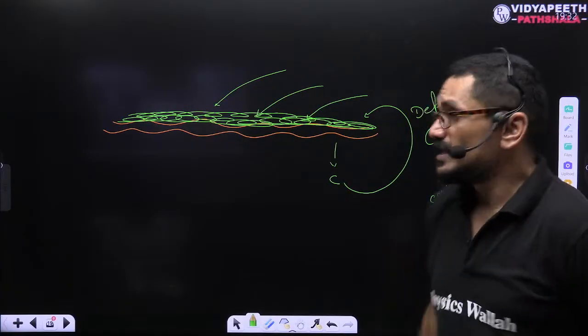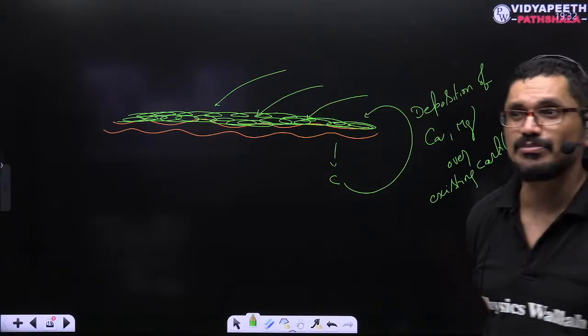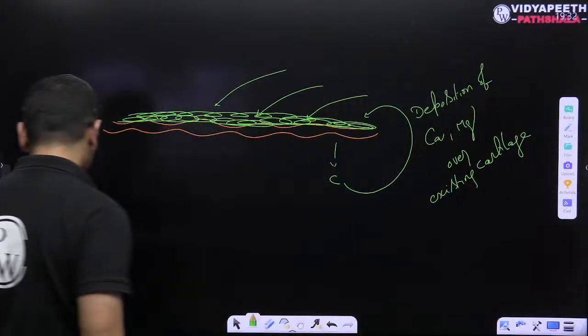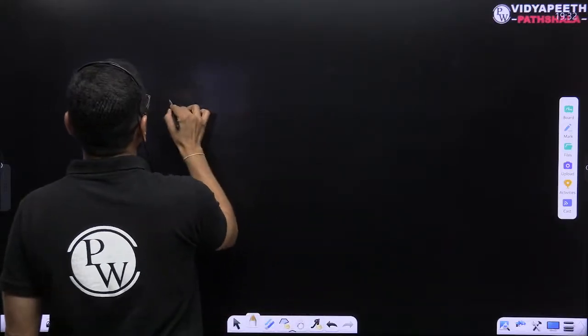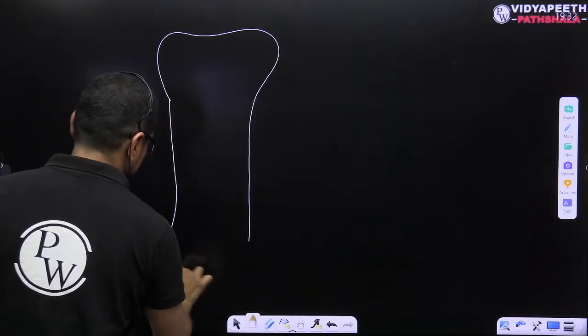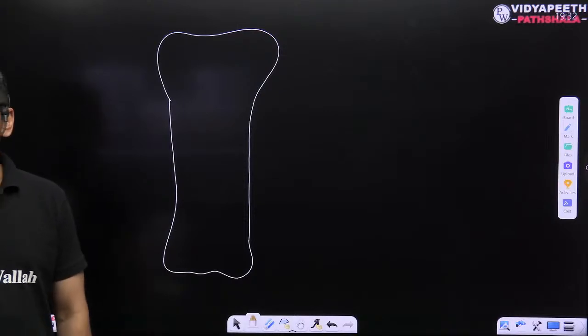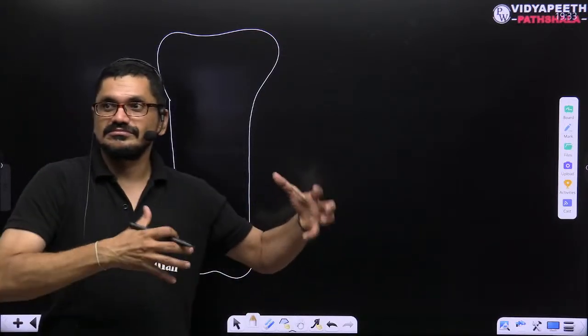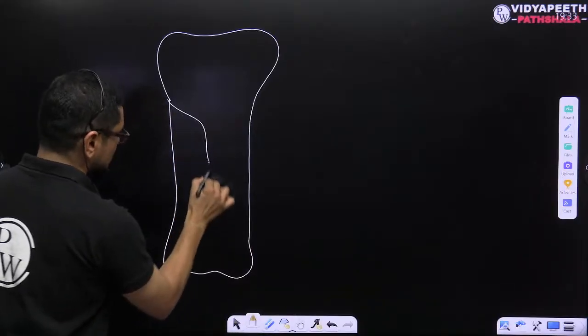What about this bone and how will the structure of the bone appear? That is a very important thing. Let me take another slide to show you the bone. Imagine this is a bone. Okay, large bone. Inside the bone there is a space. What is the space present inside the bone?